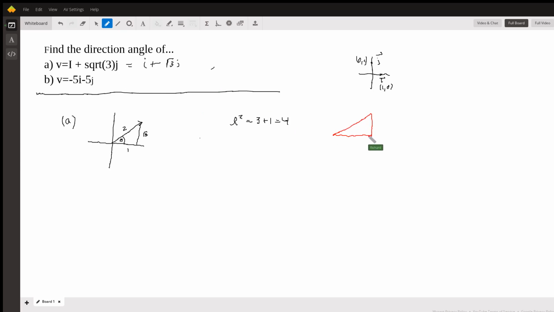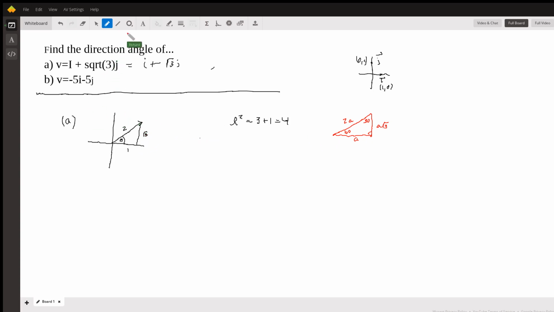So let me just remind you what a 30, 60, 90 looks like. So here's, put the 60 here and the 30 here. So this is A, this is 2A, this is A root 3. So you can see that we've got a 30, 60, 90 here where A is 1.